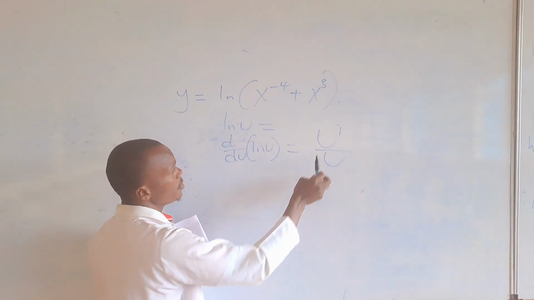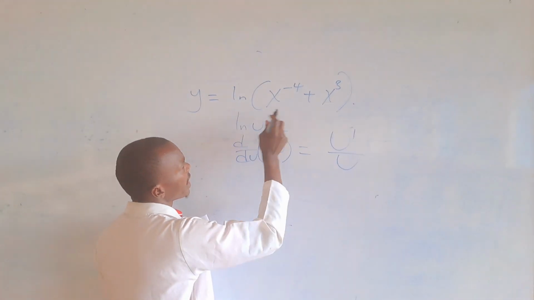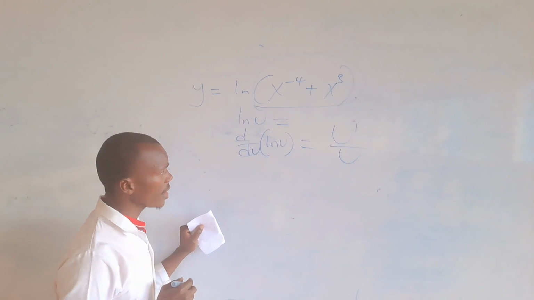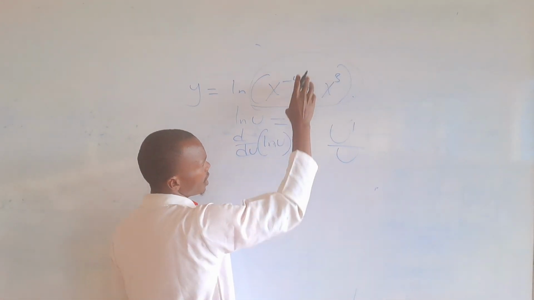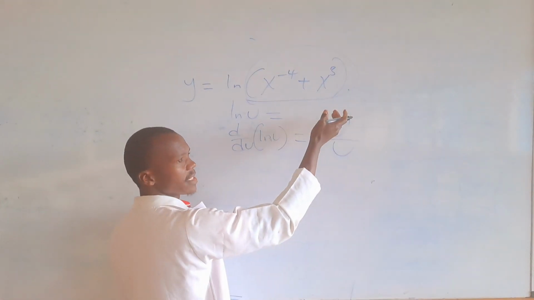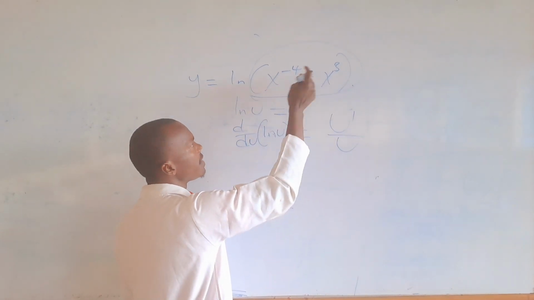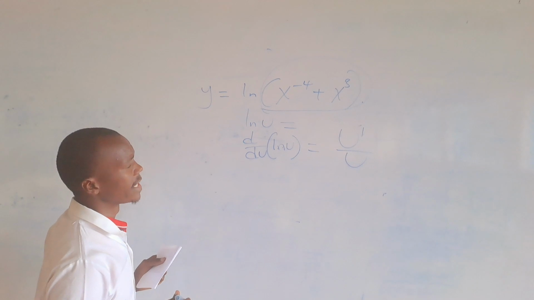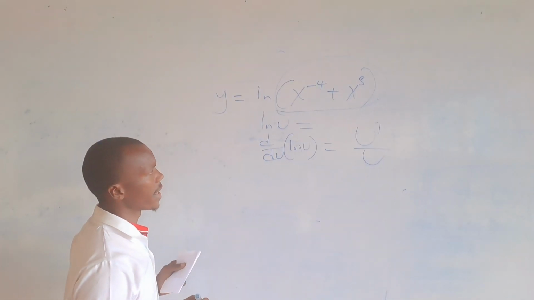So in our case, the u will be this one here. The u prime is just the derivative of x raised to the power -4 plus x raised to the power 3.